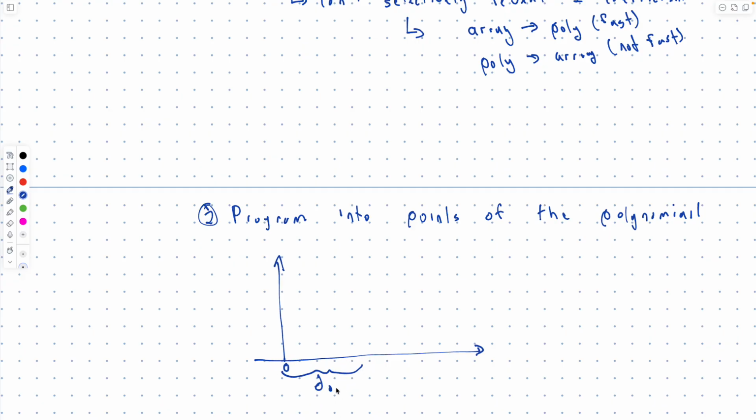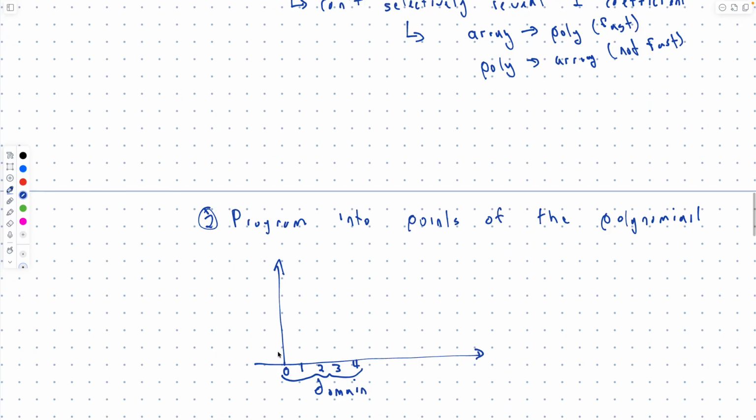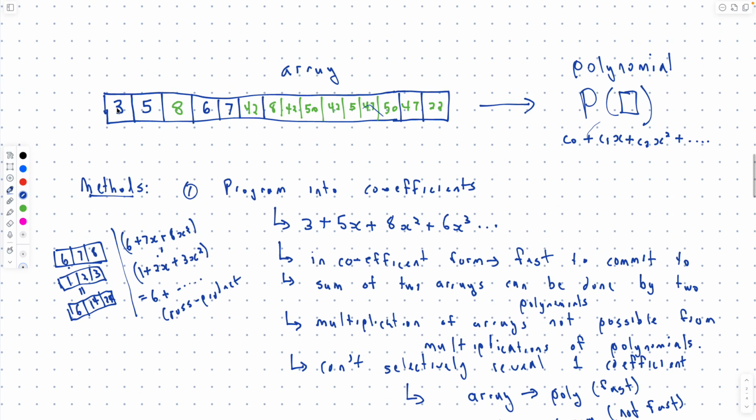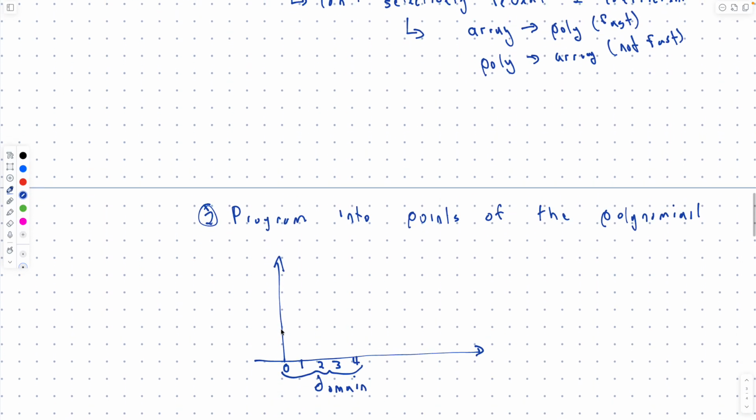We call this the domain of the polynomial. Probably the simplest domain is just 0, 1, 2, 3, 4, etc. And then if the first element of my array is 3, then I put a point here at 3.